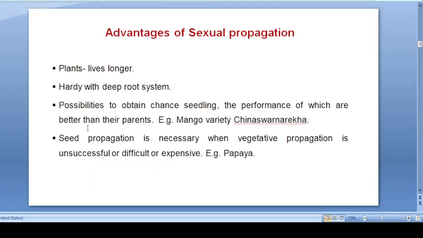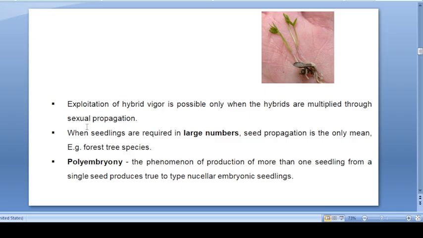Papaya is a crop which is propagated only through seeds. You might be aware of some terminologies also, which I will explain in the coming slides. So for papaya, the commercial method is seeds. There is no other vegetative propagation method.